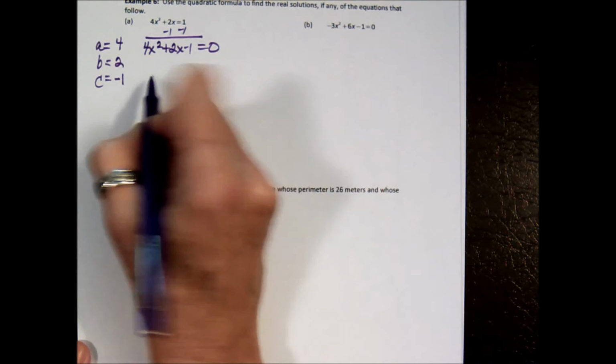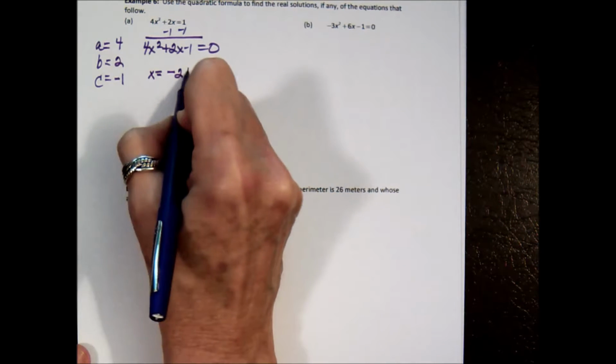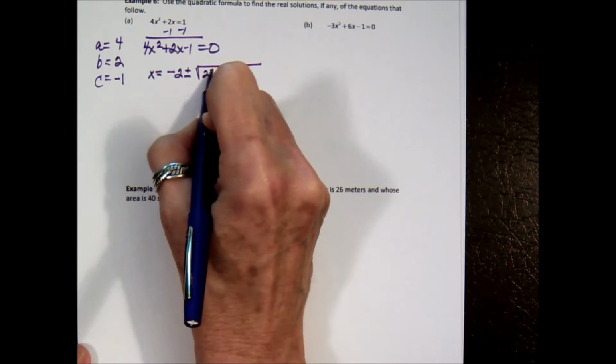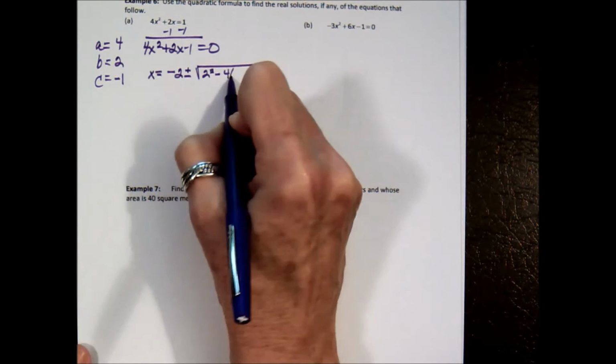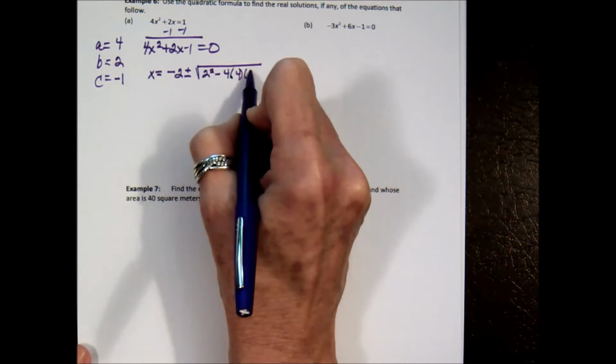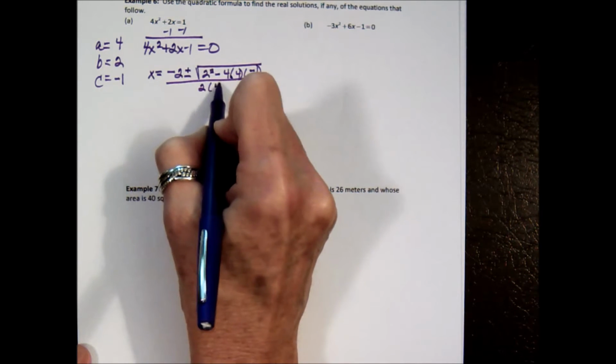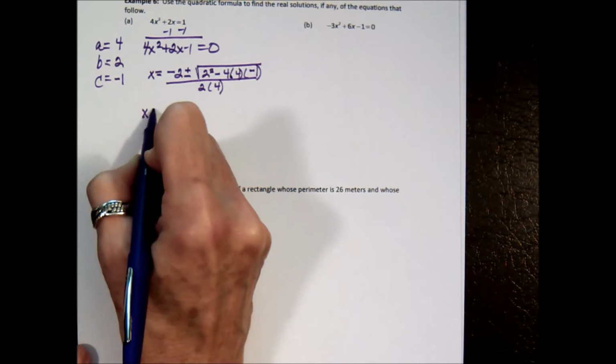B is the coefficient of the unsquared term, and c is the final number. And now we just plug in. X equals the opposite of b plus or minus the square root of b squared minus 4ac all over 2a.